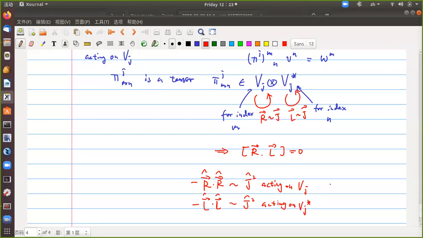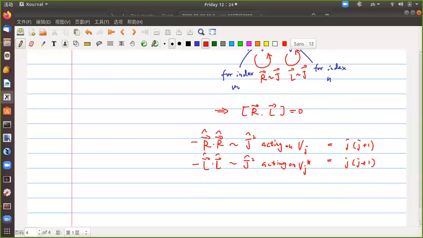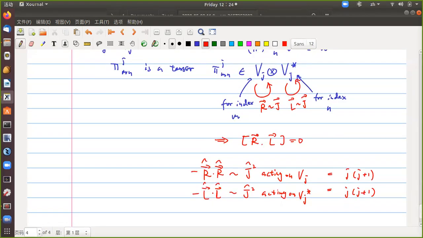Both of them have eigenvalue J and J plus 1. So I think this should clarify why you find the right invariant vector field and the left invariant vector field are just the same as angular momentum operators. They are really the same. Any question about this?